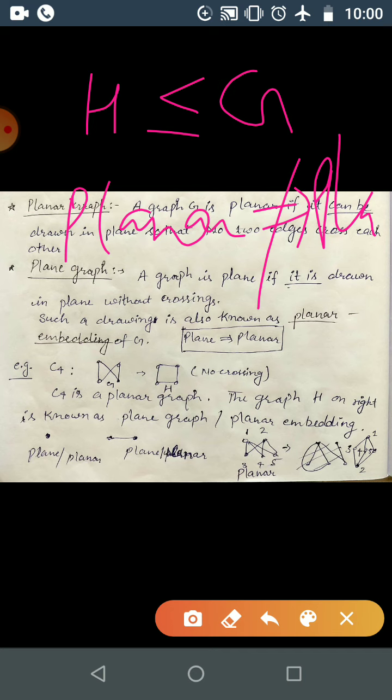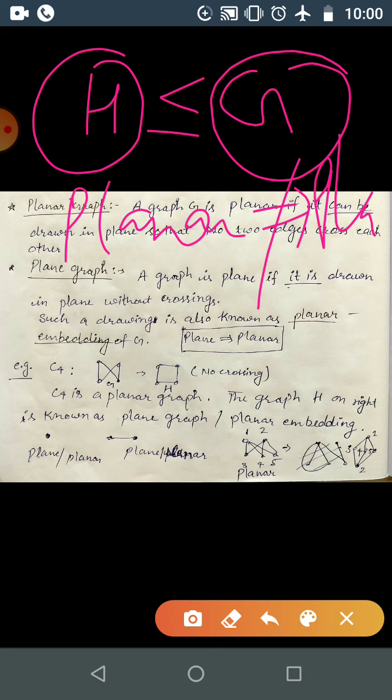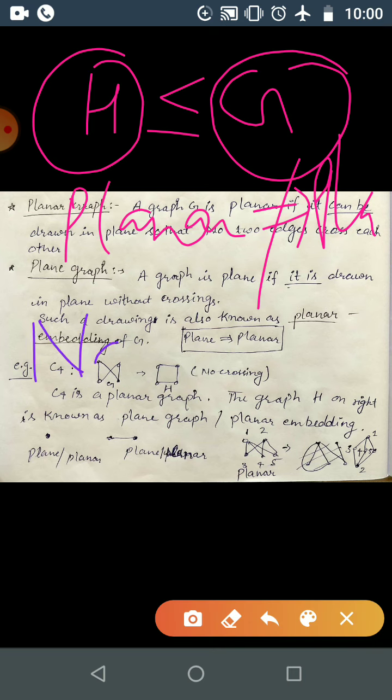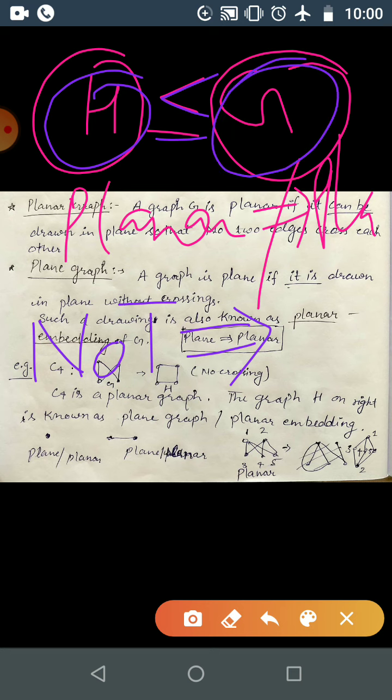Yes, you can just say if H is non-planar, then G is non-planar. A graph which is not planar is known as non-planar. So here non-planarity of H implies non-planarity of G because H is the small part contained in G. If that cannot be drawn in a plane or as a planar embedding, then G also cannot be drawn so, because G contains more vertices and more edges, correct?